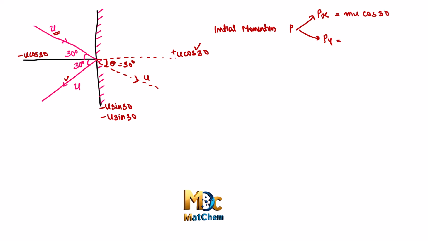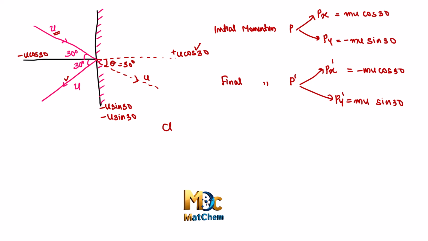In the same way, the component along the y-axis is minus u sin 30, so Py is equal to minus mu sin 30. After collision, if you calculate the final momentum, let it be P dash, it has two components, Px dash as well as Py dash. What is Px dash? The component of velocity along the x-axis is minus u cos 30, so Px dash becomes minus mu cos 30. Py dash will be equal to minus mu sin 30.